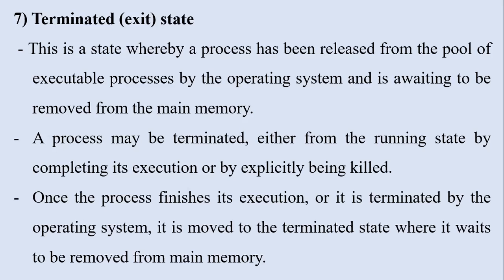Once the process finishes its execution or it is terminated by the operating system, it is moved to the terminated state where it awaits to be removed from main memory. And therefore, this simply means that once a process has completed being processed or it has been halted prematurely before it completes execution, that process is temporarily kept in main memory and then immediately removed from the main memory.